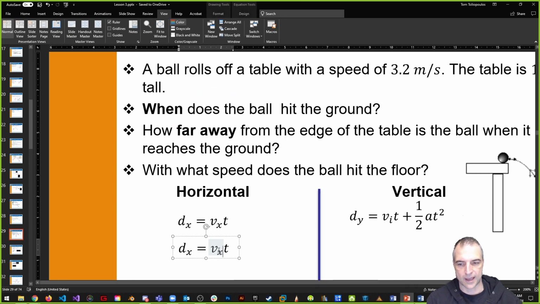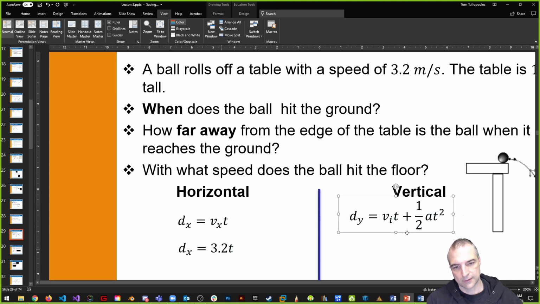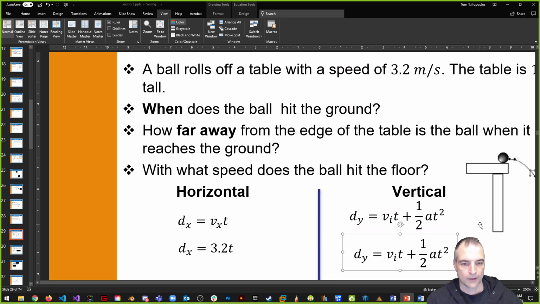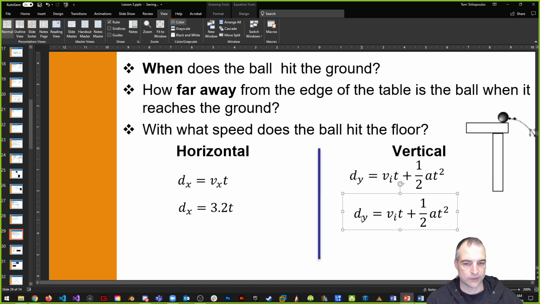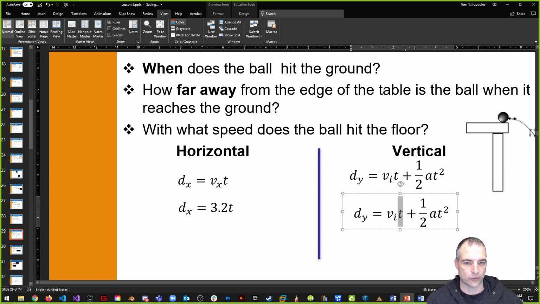So we can say that, let's sub in some values. This is 3.2 times time, whatever the time value is. Cool. What about this? So let's continue with the other analysis over here. We don't know the time yet, okay? But the next thing we want to figure out is, okay, what is Vi initial? Vi initial is 0, which makes this whole term of the equation also 0.